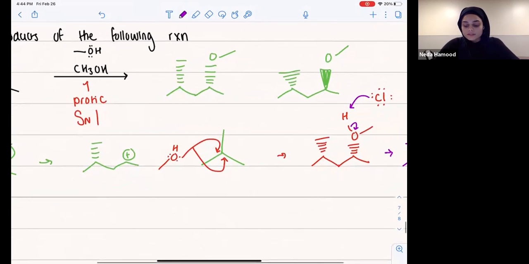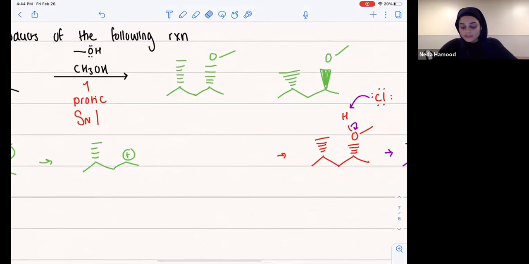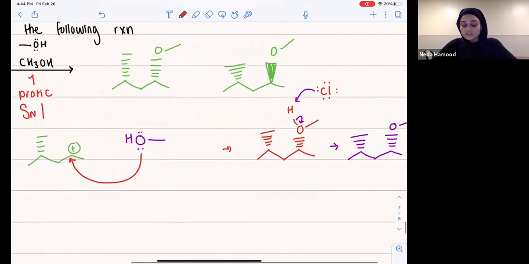So over here, let me erase this because it's a messy picture of it. So we have an oxygen like this, and then this is going to come and attack our carbocation. And then we're given this structure that looks like this. I'm going to put them both on a wedge for right now.